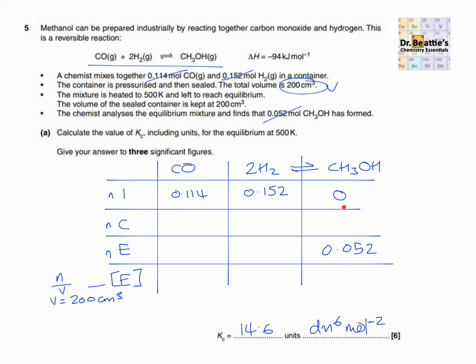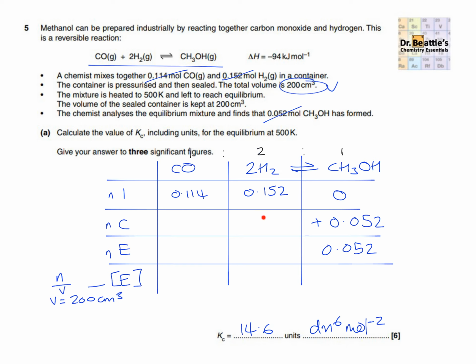So we're going to look at this. We've got our way in is this column because we've got 2 pieces of information, so that's how we know this one. It's a product, so it's increased by plus 0.052. Now, because of the molar ratios, and that's why I've copied this whole thing down because it just makes it really easy, this is a 1 to 2 to 1 ratio. So whilst this is increased by 0.052, this is going to increase by double that because if you go from 1 to 2, you have to times by 2.